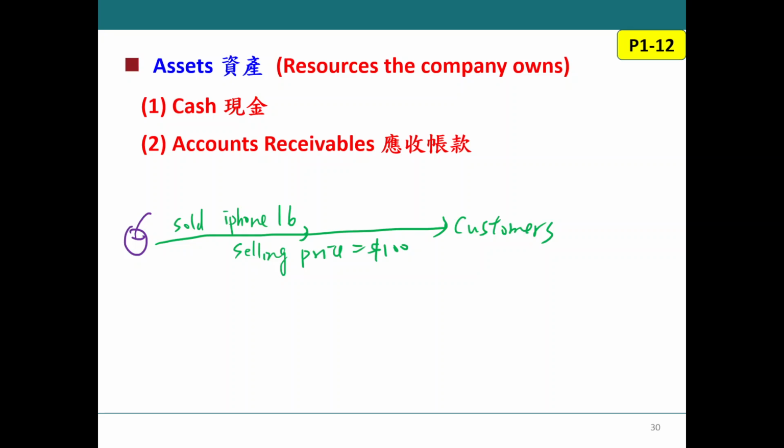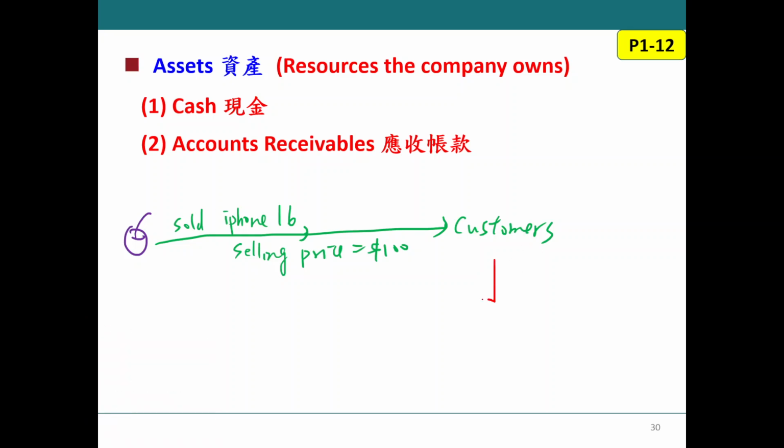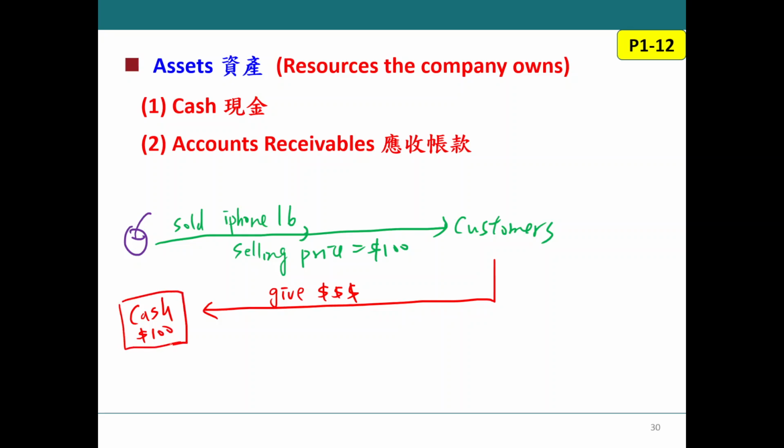So customer will give you the money. So for your company, you will get what? Money, right? Cash. $100. Okay? No problem?